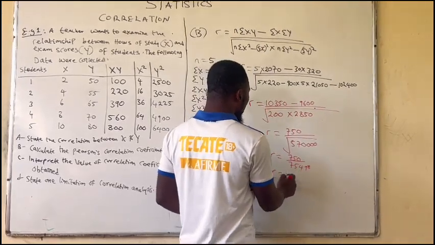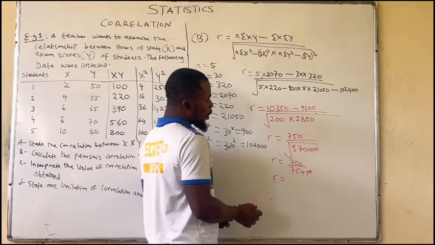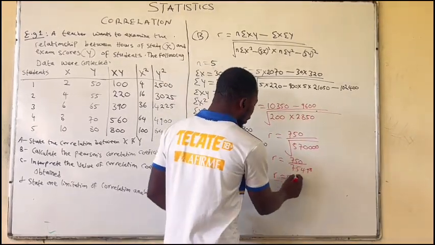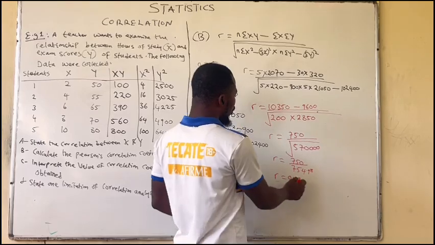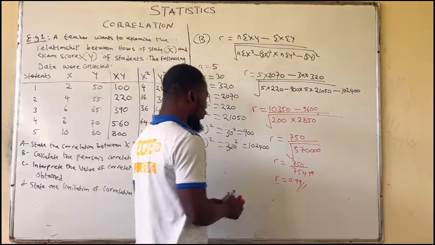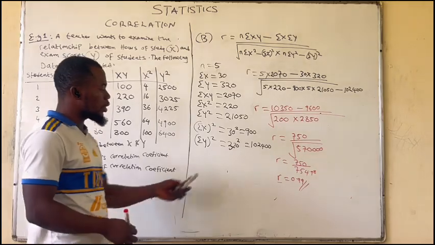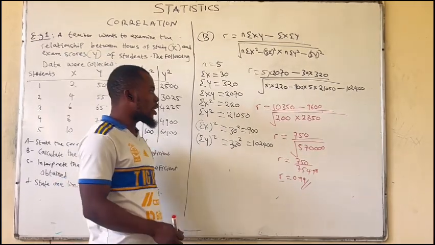So our R in this case will now be 750 divided by 794.98, which is 0.99. So Pearson's coefficient of correlation of this given data is 0.99.